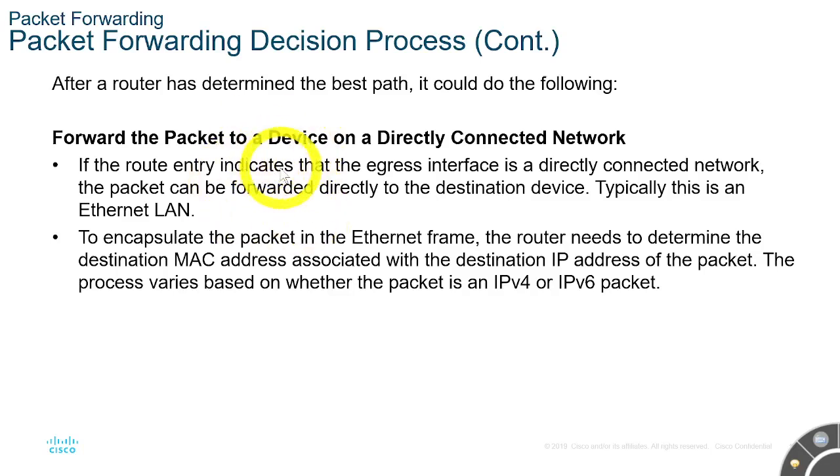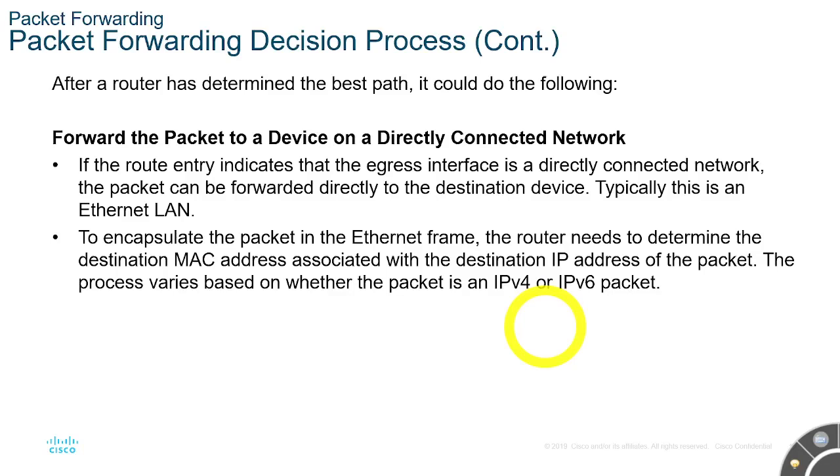As we explained earlier, if the route has the IP address with the longest match to the destination IP address, and this is directly connected to the network, then the router will immediately forward this packet directly to the destination, what we call the Ethernet LAN.